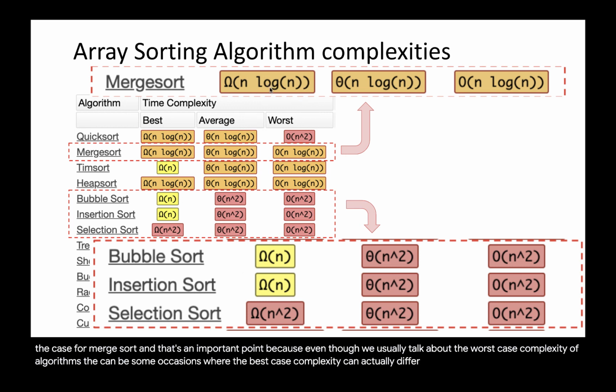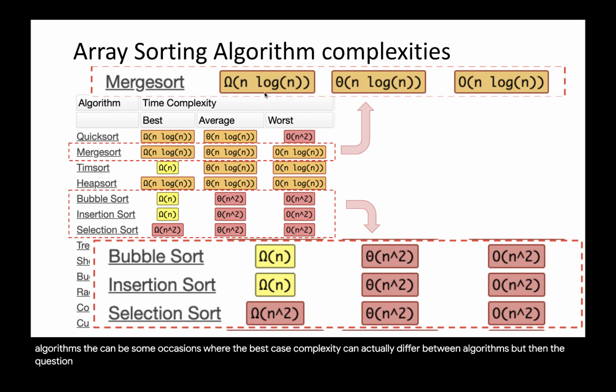Then the question becomes, how likely are we to actually encounter the best cases? For example, will we encounter those utopian datasets frequently, or is it unrealistic to expect those ideal datasets to appear in the real world?